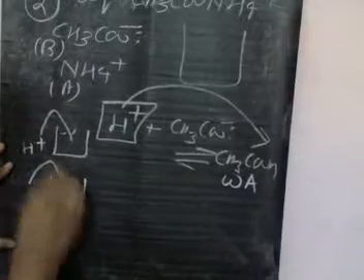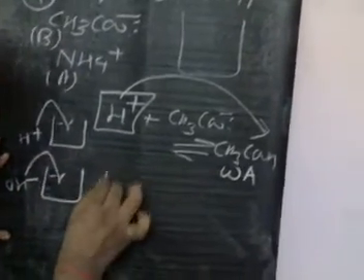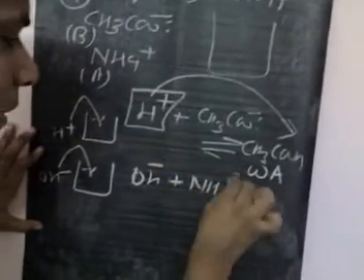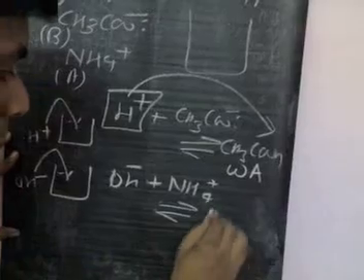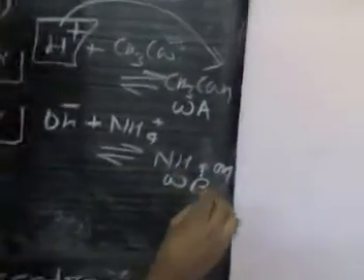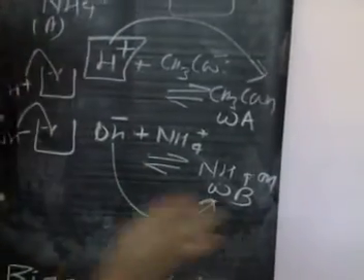Now when we add a small amount of OH minus in this solution, that OH minus can be consumed by NH4 plus, which is present in the solution, and the product we get is NH4OH, which is a weak base. That's why the reaction lies mostly in the forward direction.